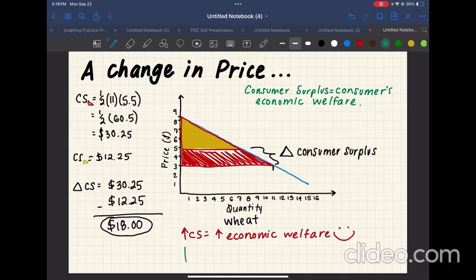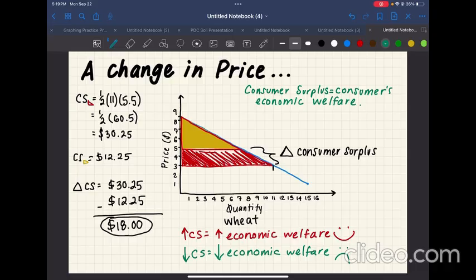If consumer surplus, on the other hand, is low, this means that the consumer is not doing so great. Low consumer surplus is low consumer economic welfare. So consumers don't make out quite as well.